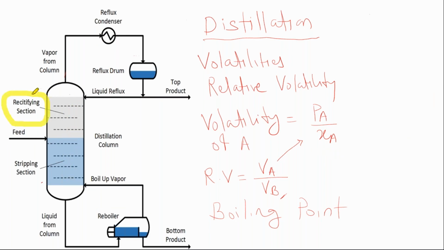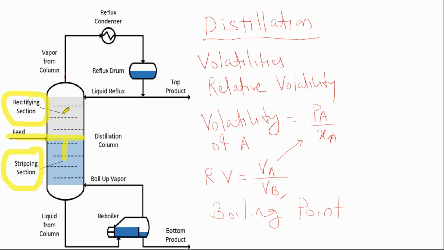So this is the rectifying section and this is the stripping section. The section which is above the feed plate is called the rectifying section, and the section which is below the feed plate is called the stripping section.